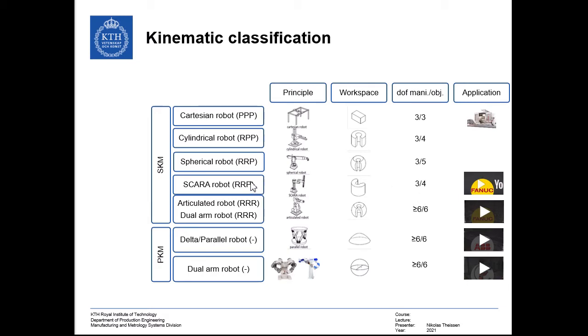The next robot that we are looking into is the articulated robot, which has a solely configuration consisting of rotational or revolute joints, and it usually has 6 or more of these, which results in a spherical shape, and it results in 6 degrees of freedom on the object to be manipulated, meaning that it can not only put it into any position in its workspace, but it can also put it into any orientation in its workspace. And that is why serial articulated manipulators are that commonly found in a wide range of applications.